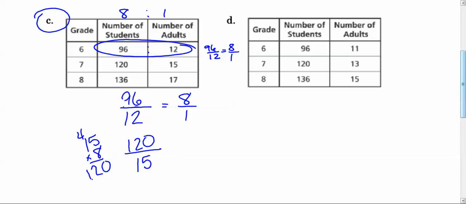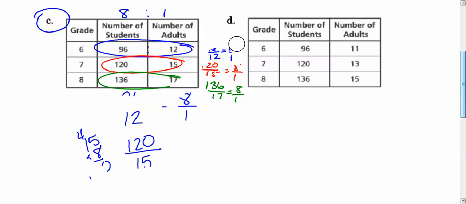If we look at this next one, 120 to 15, that simplifies down to 8 to 1. And then 136 to 17, 136 divided by 17 equals 8 to 1. So all of those work. 96 to 11 does not simplify down to that.